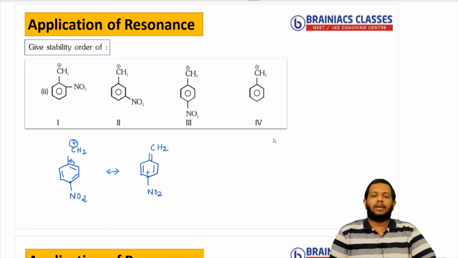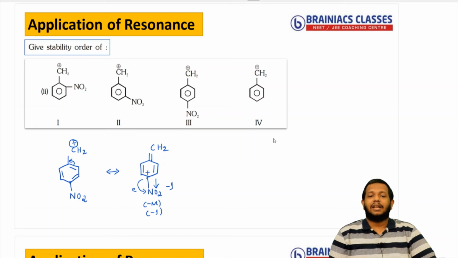Now tell me, the NO2 group has minus M effect, because of this it will attract the electron from here, correct? Electrons are attracted in this direction, and also due to minus I effect electrons will move in this direction. Because of minus M and minus I this is unstable, but you can say, sir, at ortho position also the same was happening. Then how will you determine which is more unstable?